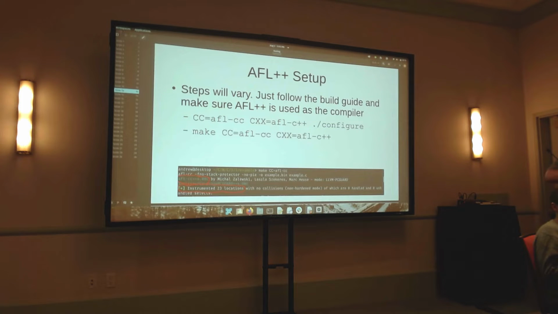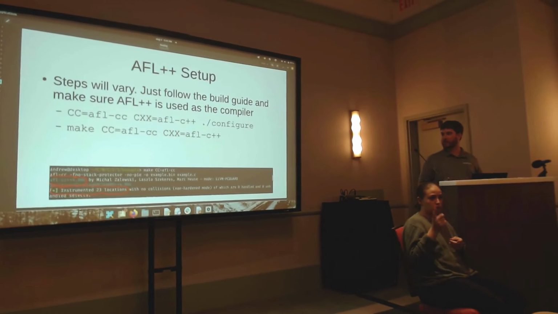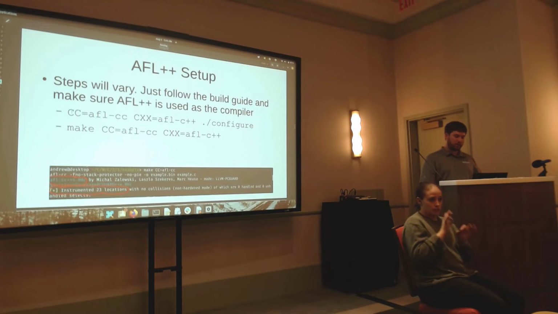So using AFL is pretty straightforward. We're just going to compile the software like we normally would using whatever build instructions the maintainers specify, but we're going to swap out our C compiler for AFL-CC. So this is a drop-in replacement for GCC or G++ or Clang or whatever you would normally use to compile.